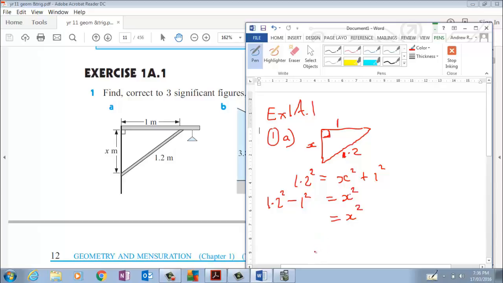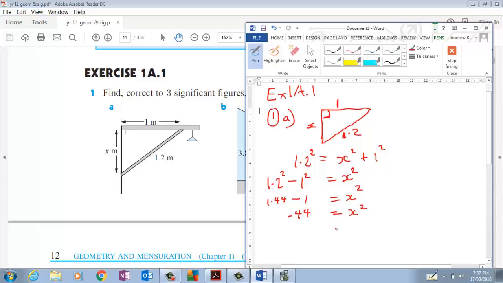If you do that on your calculator, 1.2 squared is 1.44. So 1.44 minus 1 squared, which is 1, is equal to 0.44. So that is what our x squared value is.